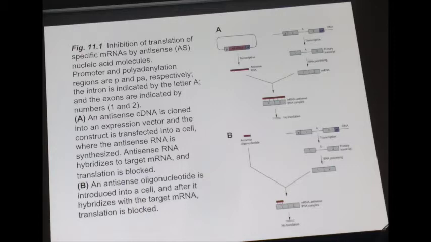The gene has, in this case, 2 exons and 1 intron. The exons are labeled 1 and 2. The intron is labeled A. The promoter is the place where RNA transcription begins or is directed. It directs RNA polymerase to begin transcription.